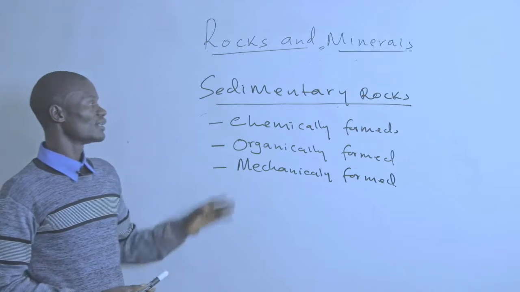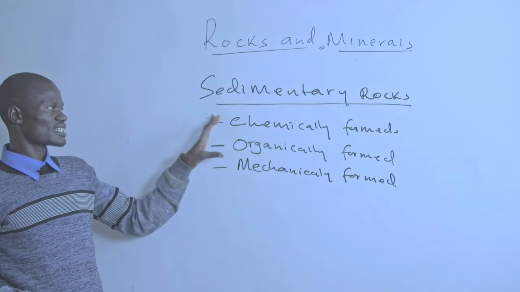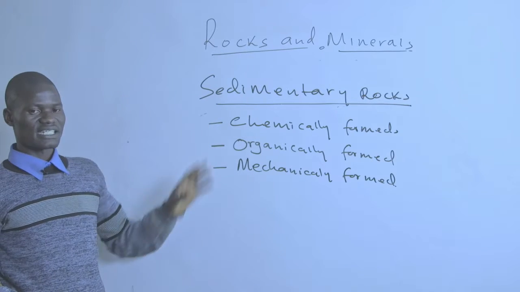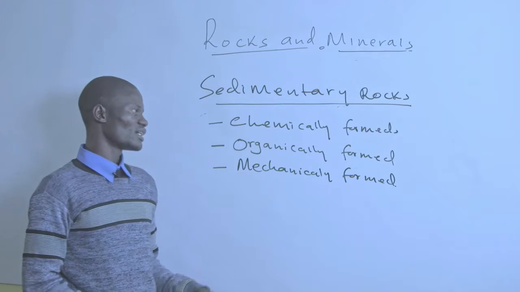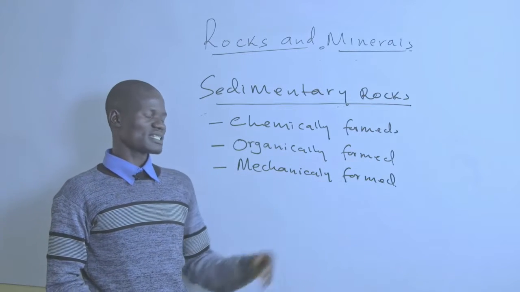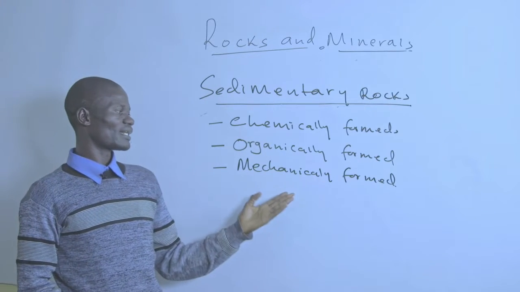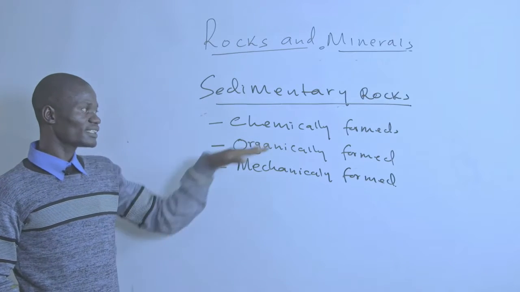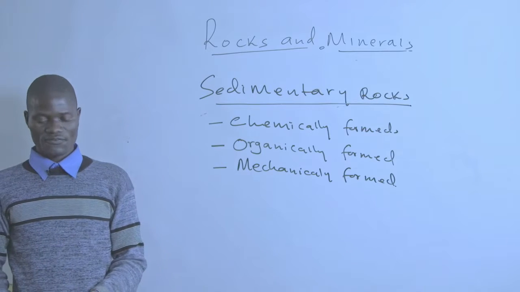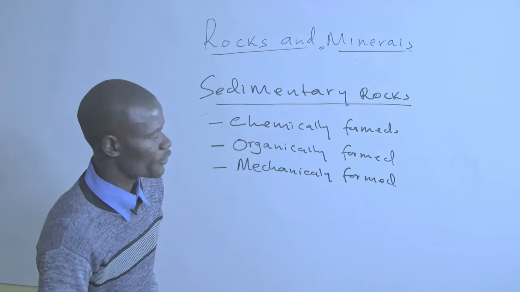These are the 3 classes over which we can further classify the sedimentary rocks. Let's look at the chemically formed sedimentary rocks.